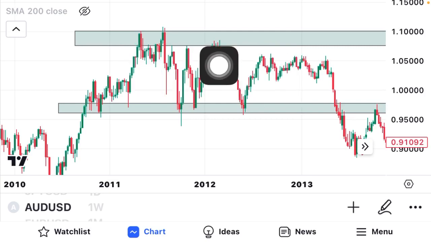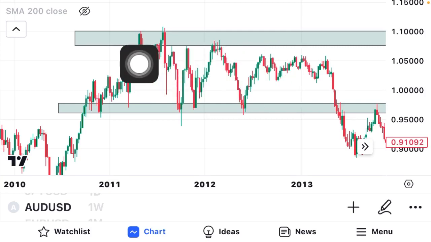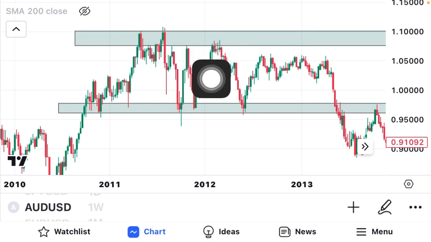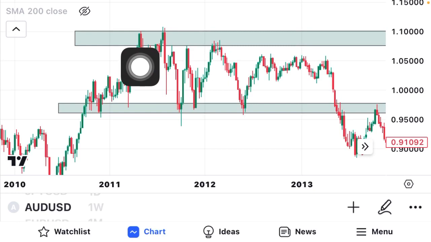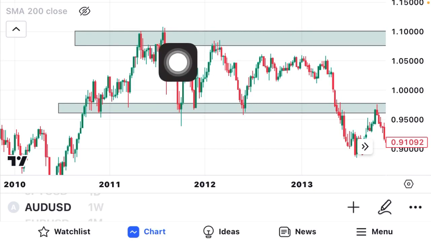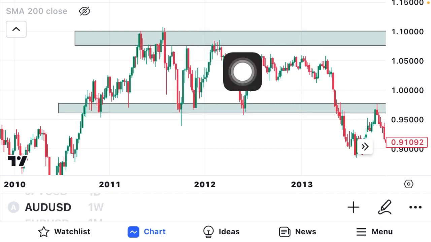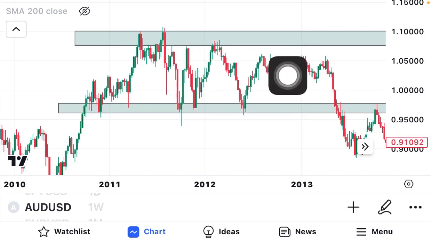Remember I told you that we have a trending market, a market that is trending upward or downward. Then we have a ranging market that is not trending upward and it is not trending downward. It's just moving inside a box. That is what this market is, and you must know how to trade different markets.